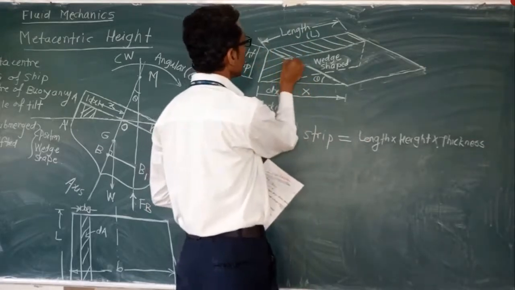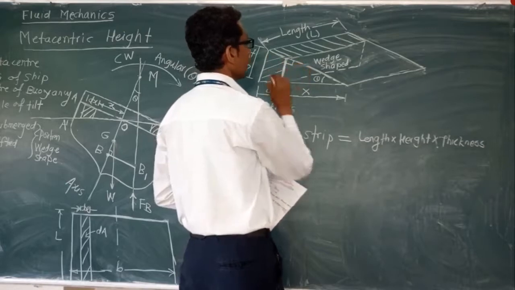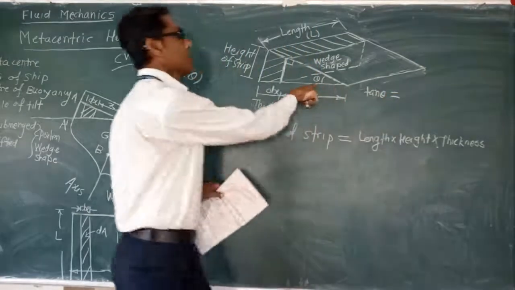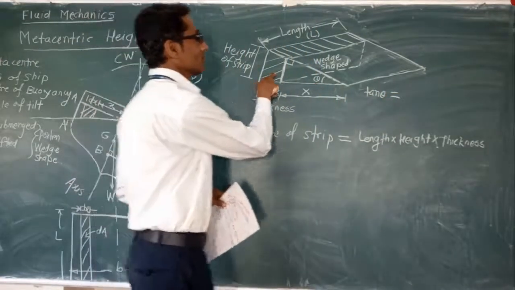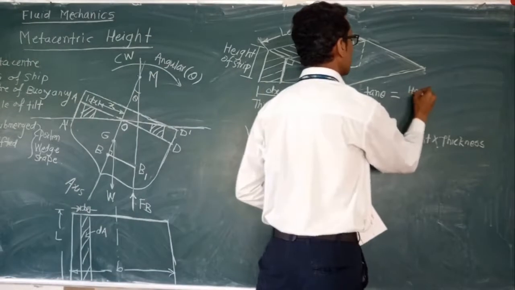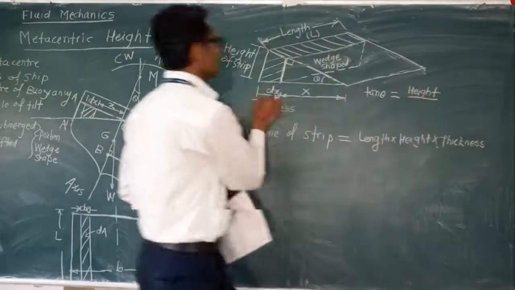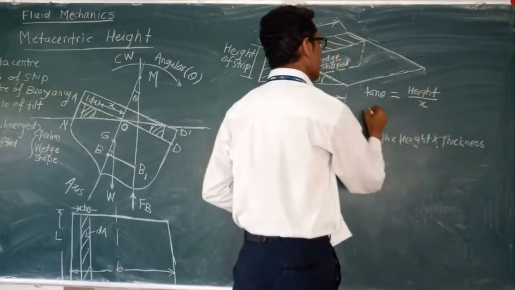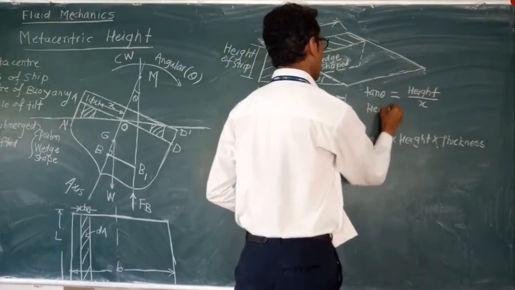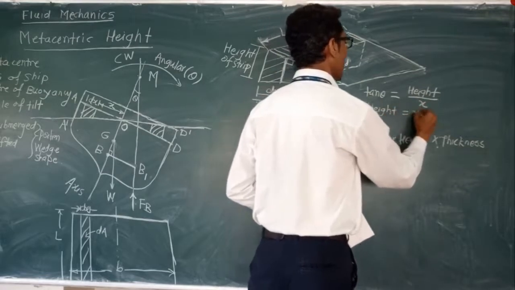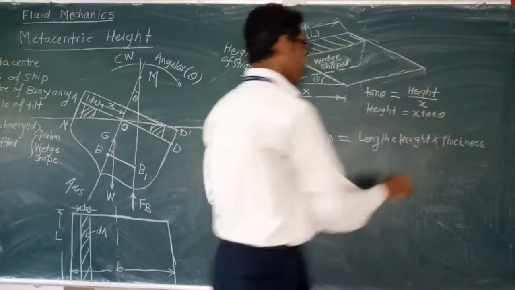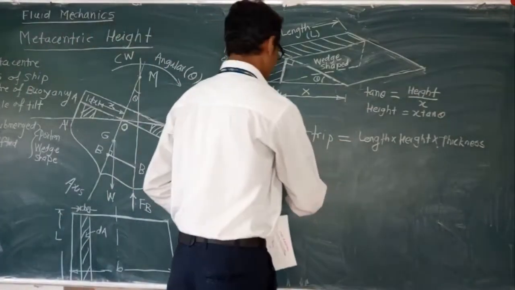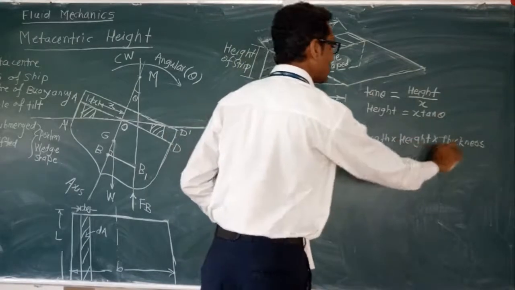In the triangle, tan theta is the front side, that is the height, upon this distance x. So the height of the strip will be x tan theta. Now the volume of the strip is length into height into thickness.